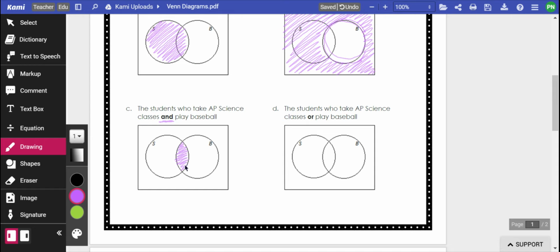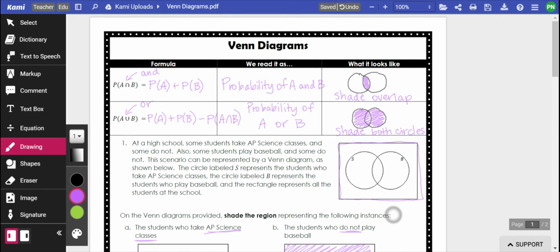And then the students who take either one of the two categories, that means we're going to shade all of this. So again, parts C and D relate back to what our little chart set up here.